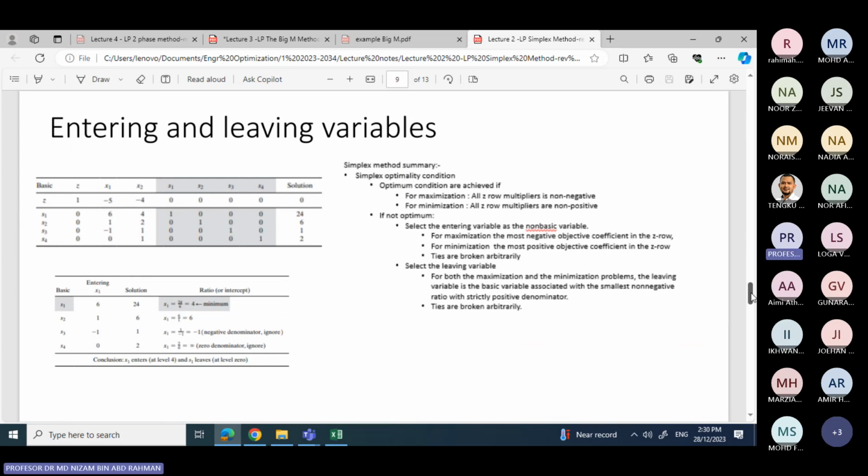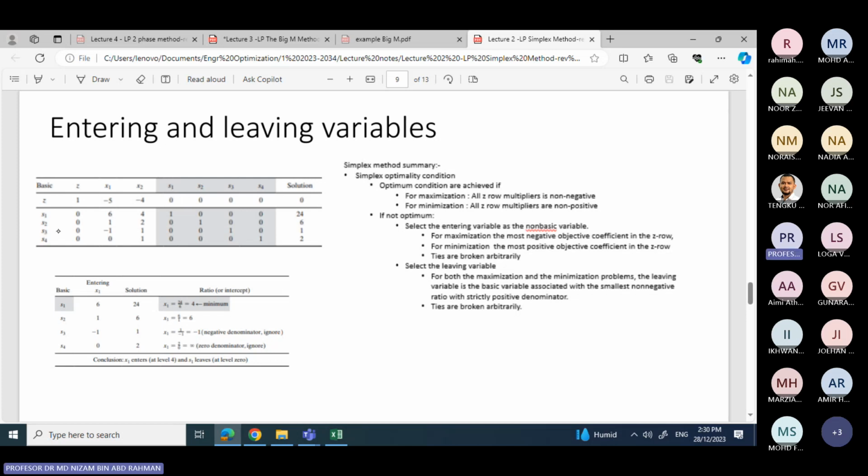Boleh. Alright. So kalau kita tengok ni, this is a tableau for the examples that we did yesterday. So the basic variables for this particular case are S1, S2, S3, S4. If you look at the Z value for S1, S2, S3, S4, they are 0, 0, 0, 0. Right? So no problem.